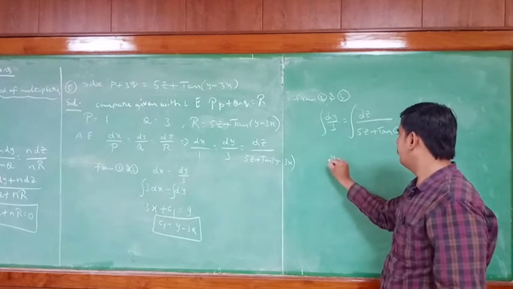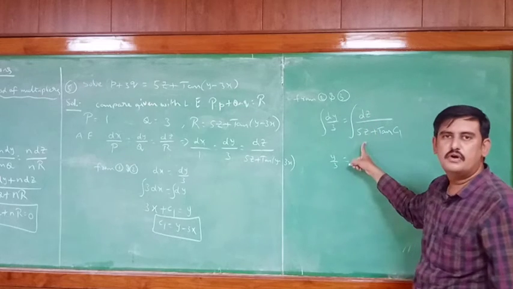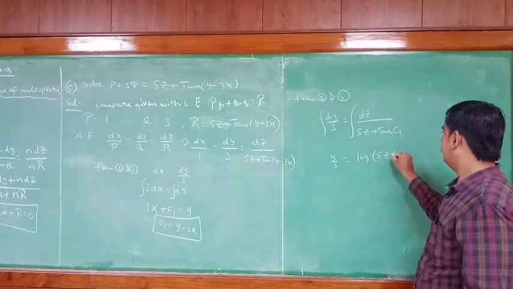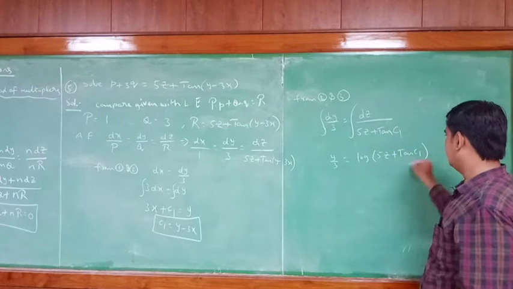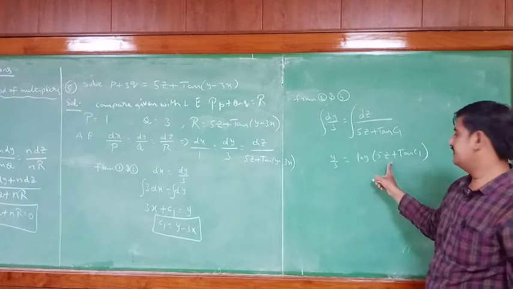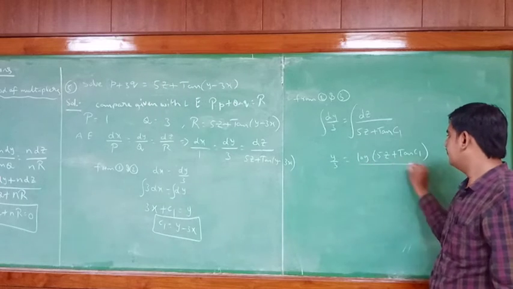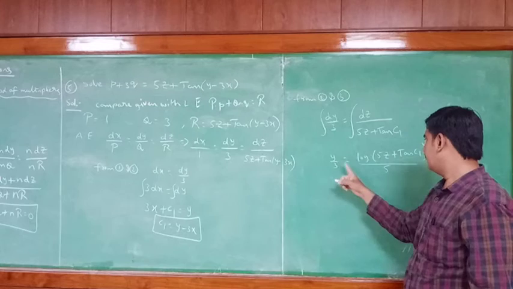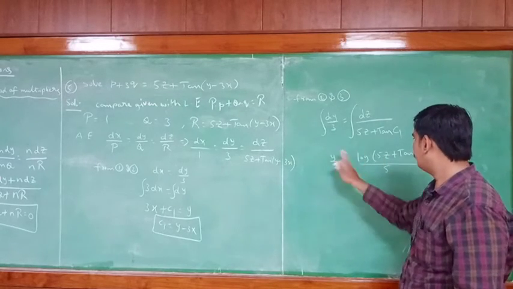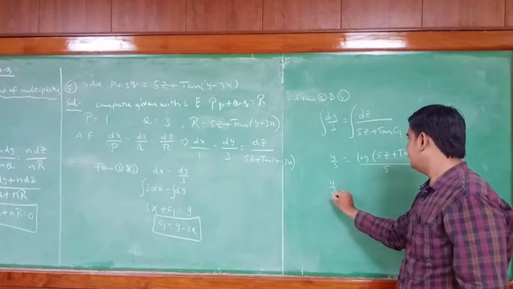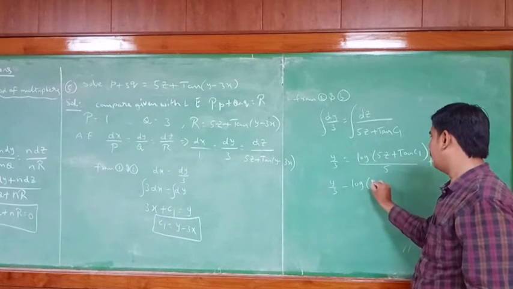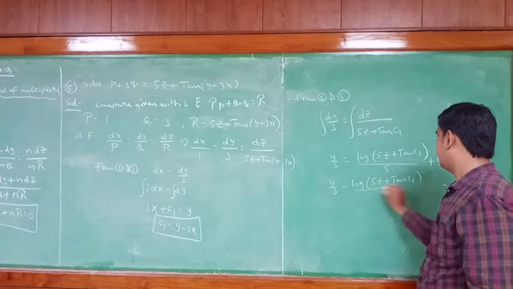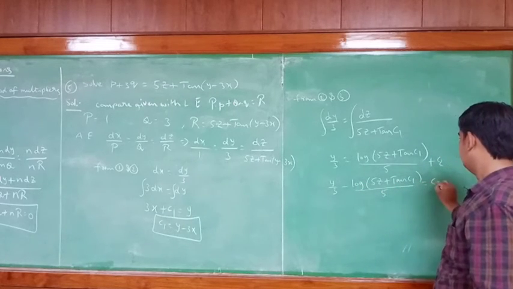Integration of dy is y, and this is in the form of 1 by x, and the integration of 1 by x is log x, so log of 5z plus tan c1. Again, by the chain rule, the differentiation of 5z with respect to z is 5, so 5 will come here, plus c2. Bring the total term to this side. So y by 3 minus log of 5z plus tan c1 by 5 is equal to c2.